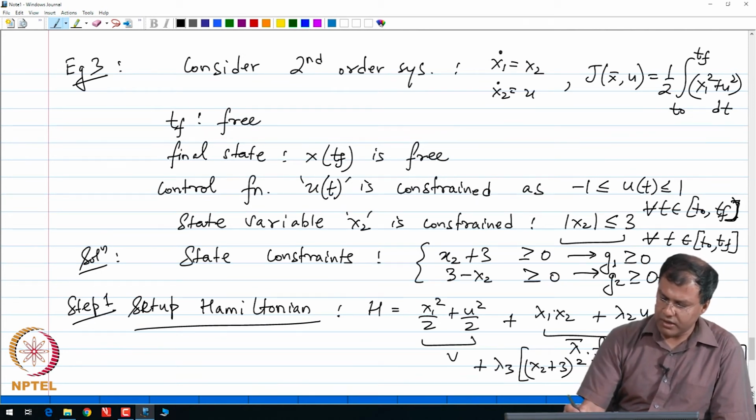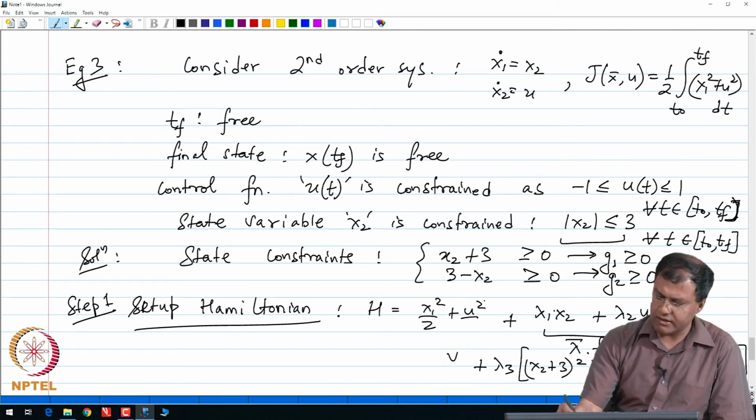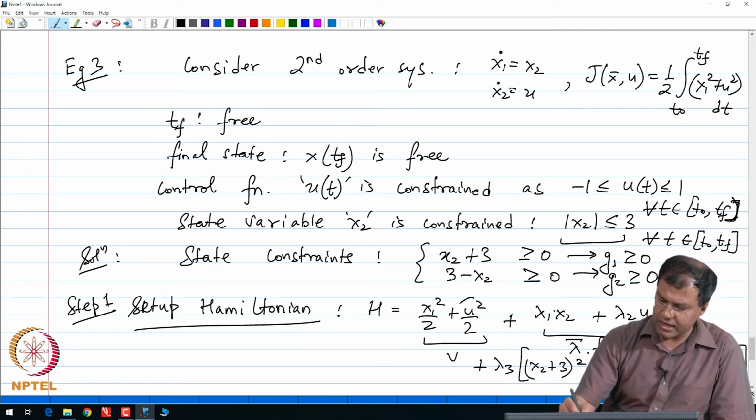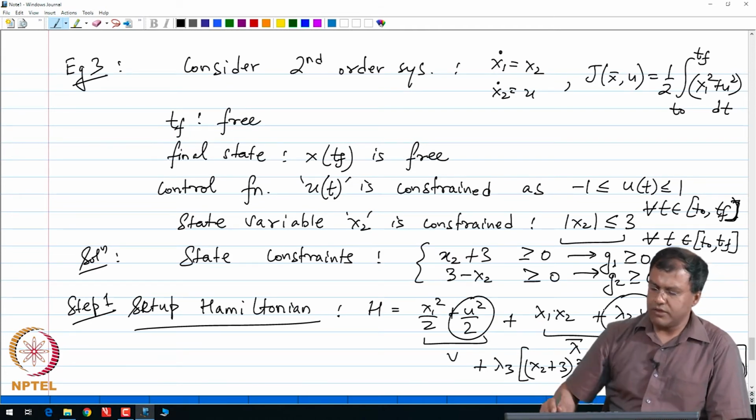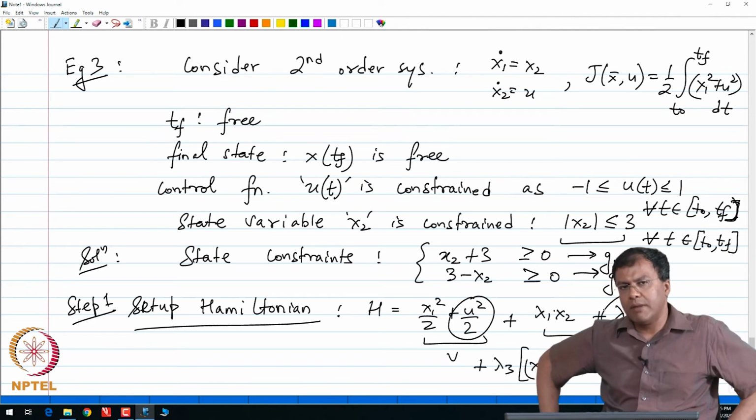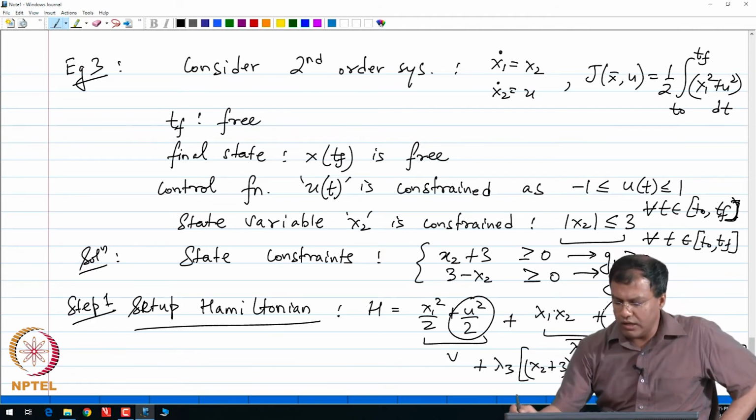Notice that in the Hamiltonian u appears here as this u squared by 2, and u also appears here. So, if we were to minimize or maximize the Hamiltonian with respect to u, we only need to look at the circled quantity, right. So, let us look at only the circled quantity and minimize the Hamiltonian.